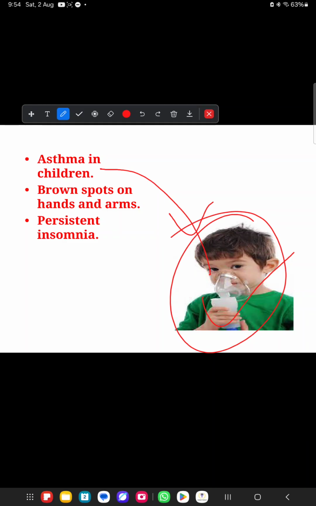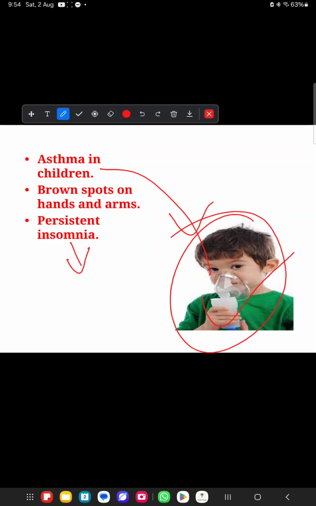And if there are brown spots over the hands and arms, then we can think about Thuja occidentalis. But if there is insomnia, meaning sleeplessness, then we can think about Thuja. But we can also think of another medicine, Carcinosin.